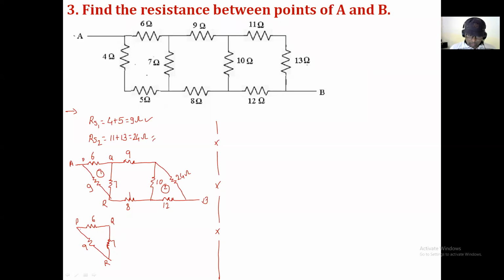Now, as I have taken this delta diagram as it is outside, P and Q are upper points, R is the lower point. And now inside this triangle, I will prepare the star diagram, because those 3 branches will go away and the star diagram will come there. Then I will draw the star diagram again properly with the resistances taken out.